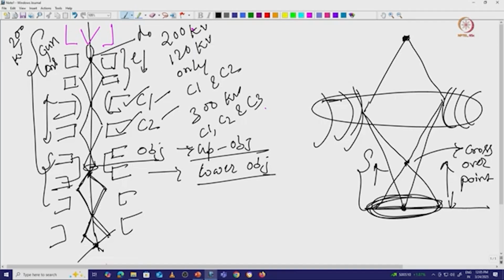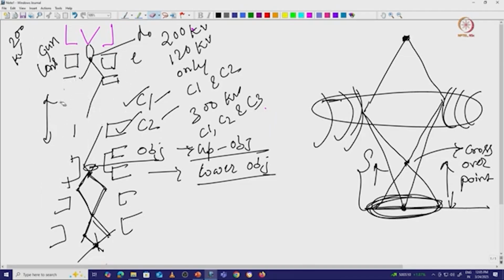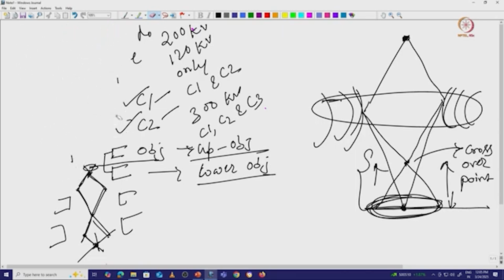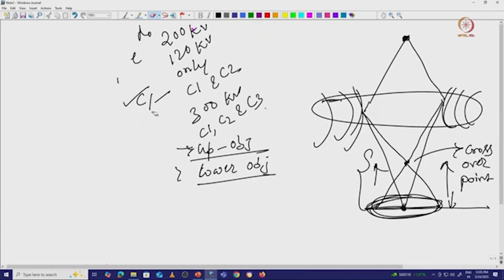Sometimes it will be a point source, sometimes it will be a spread beam. Okay, so this is the very basic part of the electromagnetic lens. Let's go a little deeper into how the electromagnetic lens system works.